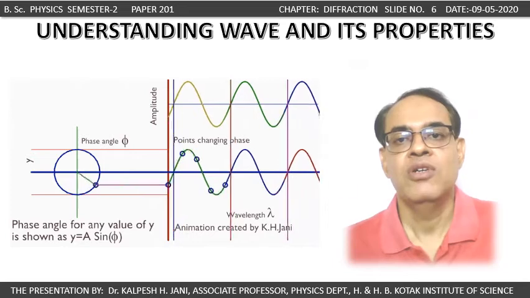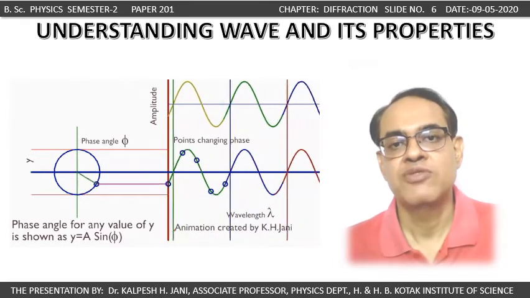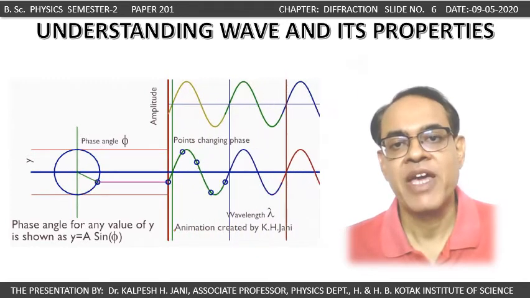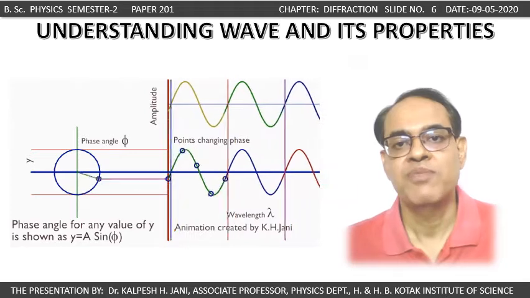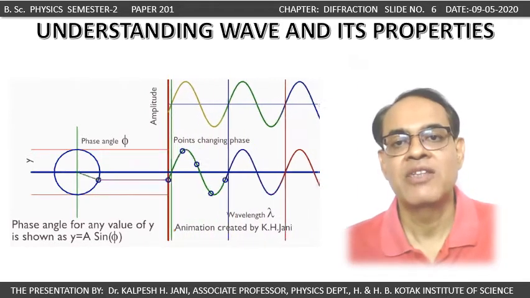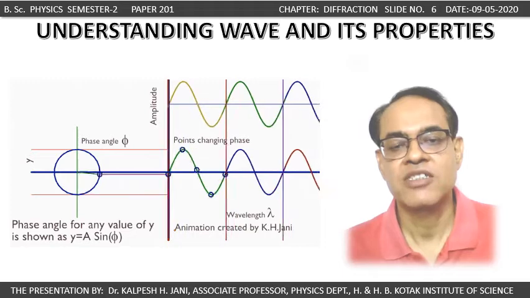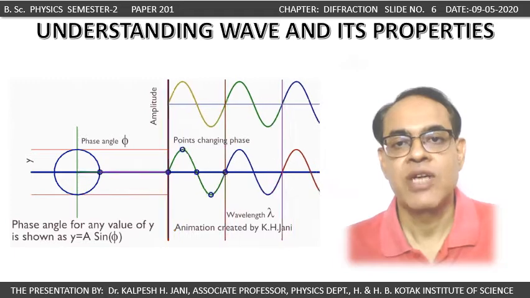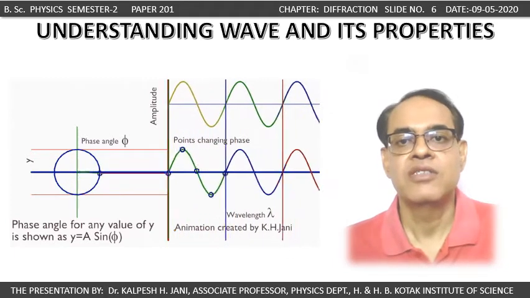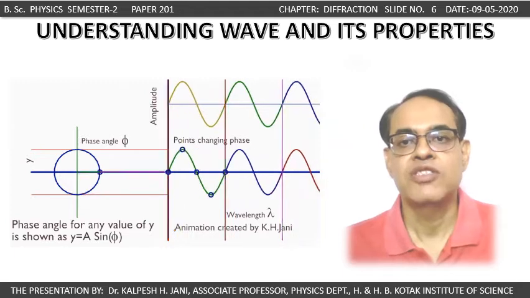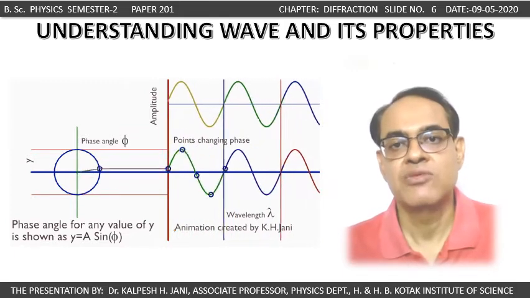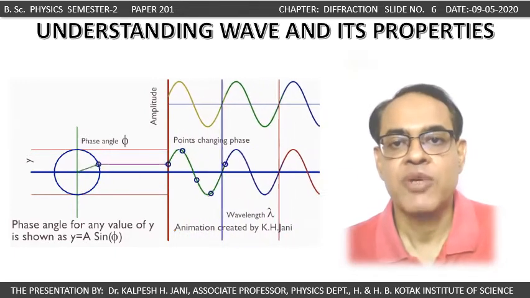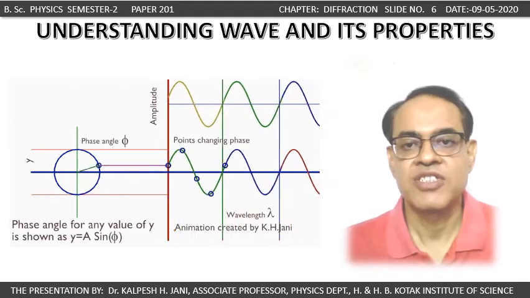So when you set the first constituent of the stretched string into an oscillatory motion in the perpendicular direction, the energy that you expend in doing so would be passed by the first constituent to the next constituent, and that constituent would be set into an oscillatory motion, and subsequently all the constituents would be set into oscillatory motion, and thus we can see that a wave is formed and propagated in the medium of a stretched string.